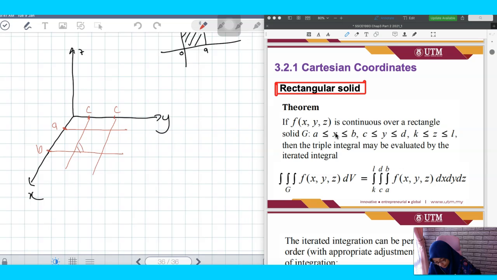You can see that on the xy plane, you have a rectangular region. Now you look at z. z is from K to L. If you do the projection, so I do the projection.